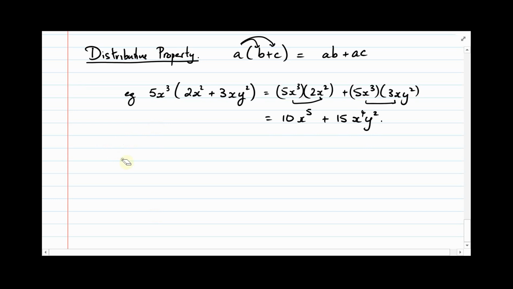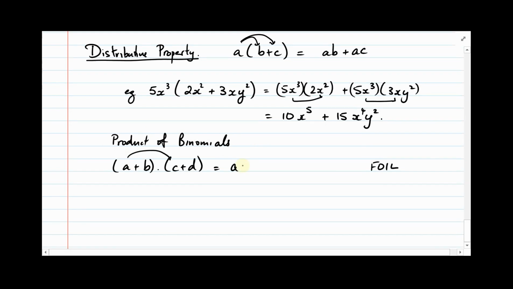So we're going to have a product of 2 binomials. Right. So a plus b times c plus d. And this method is called FOIL. I'll explain what that means. So first I'll take a times c, and then a times d. So you get something like this.